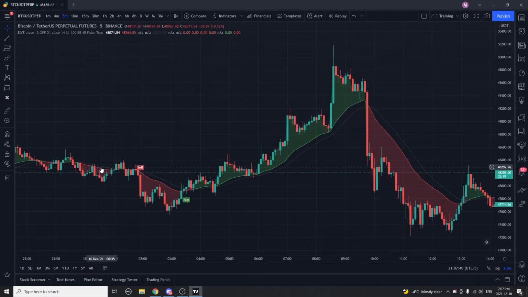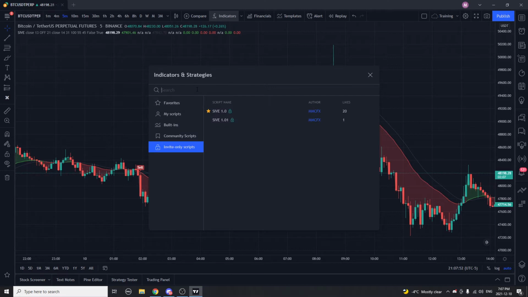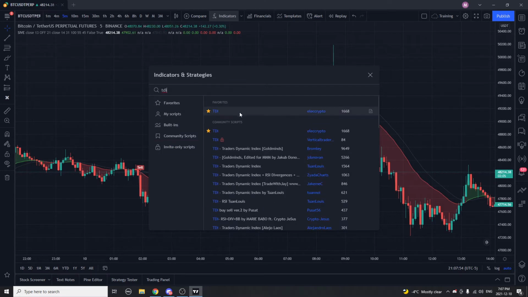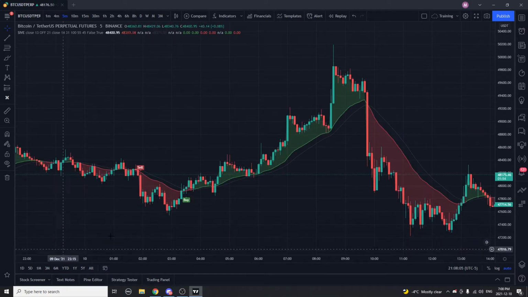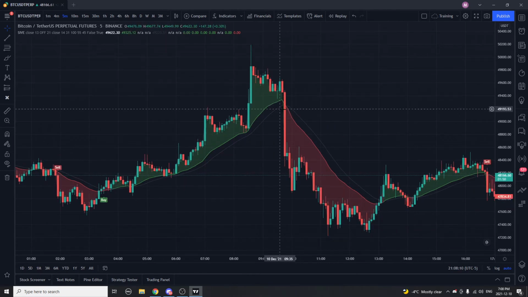But what this is actually doing is giving you the TDI, the Trend Dynamic Index, of the MTI. If you don't know what a TDI is, do a little bit of research. It is an RSI with a moving average on top of a moving average. It gives you a bunch of different things, but this is the MTI's version of a TDI.